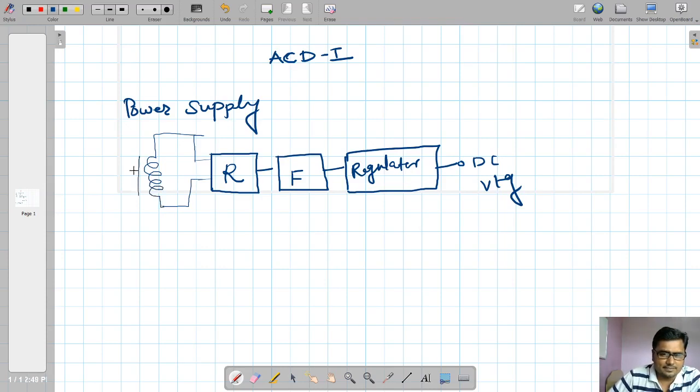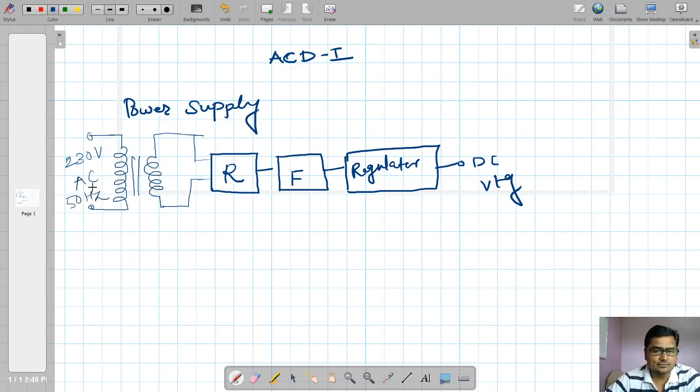And this transformer is also not a new component that you are not aware of. This is an input. And what is the input for the power transformer? It is 230 volt AC. Let me write the frequency, that is 50 Hz. So 230 volt AC, 50 Hz is the input for this transformer.